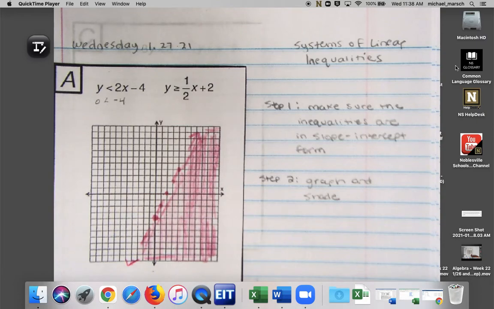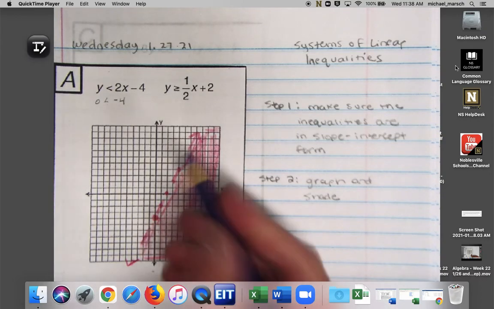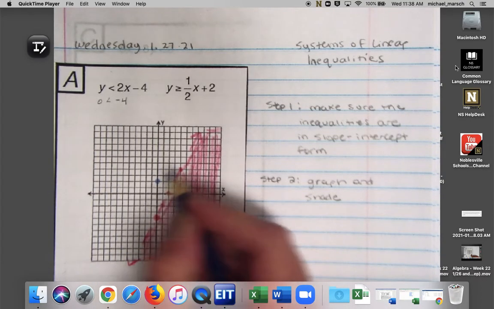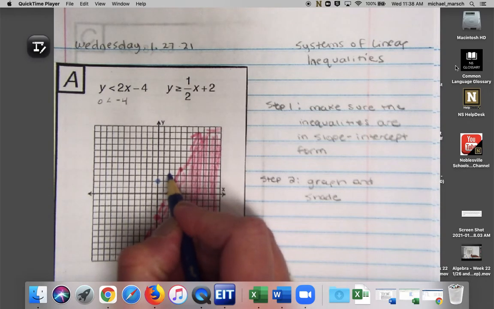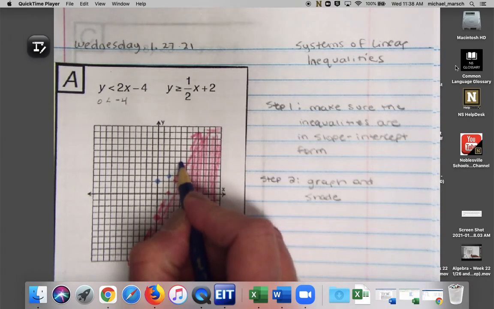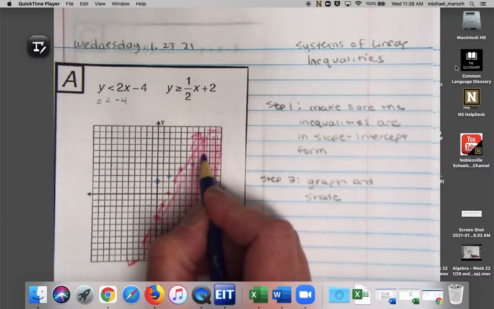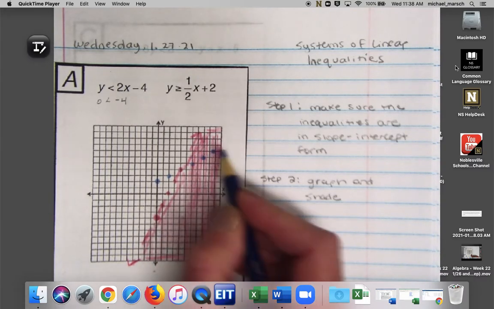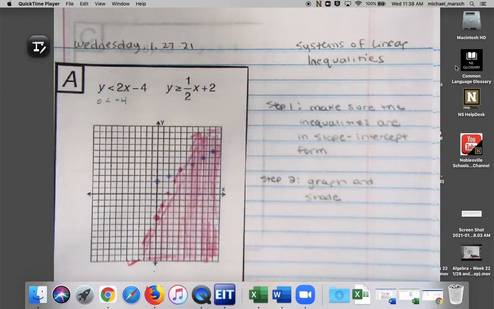Now I'm going to pick up my blue pencil, and I'm going to go ahead and graph the next inequality. So my y-intercept, yep, is +2, and I go up 1/2. Solid or dashed line?